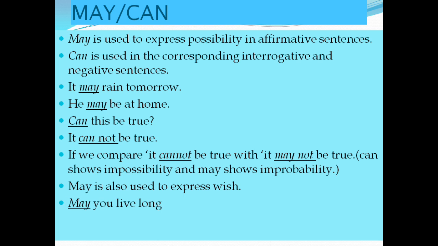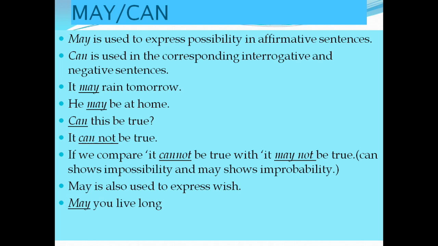Prediction may be there. He may be at home. Somebody asks where he could be, and you say he may be at home, meaning there is a possibility that he is at home. Can this be true? in the interrogative sentence, or it cannot be true in the negative sentence.